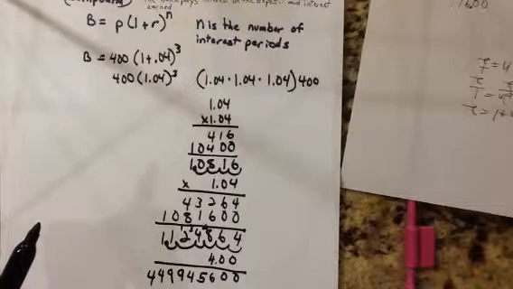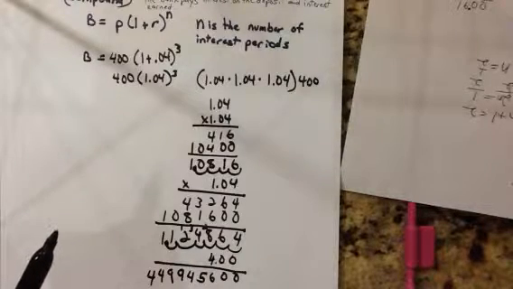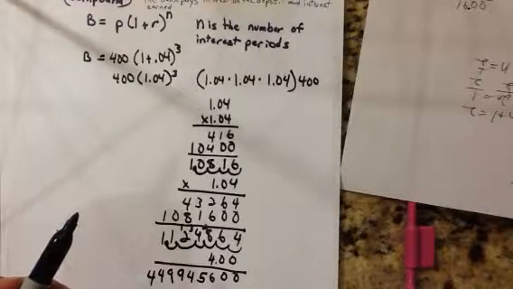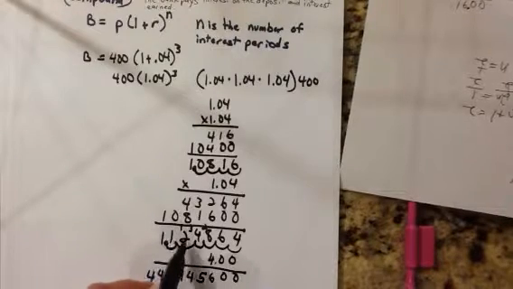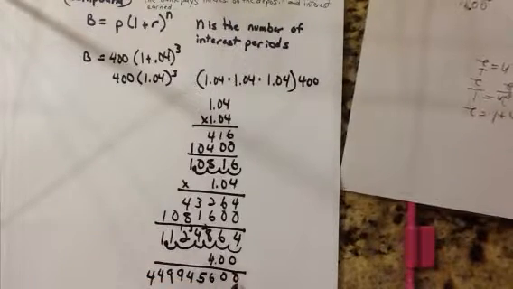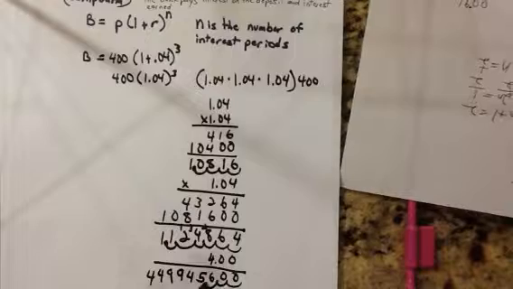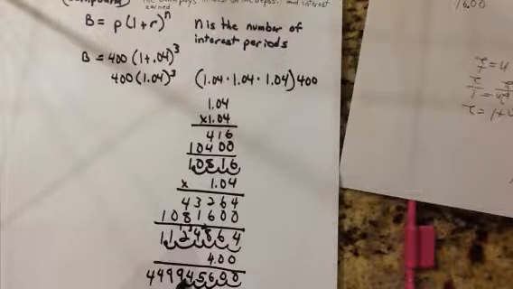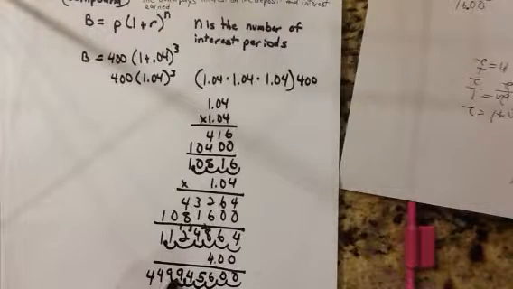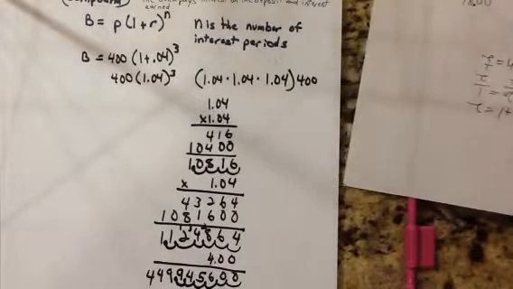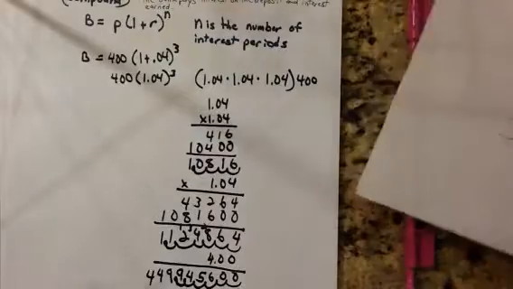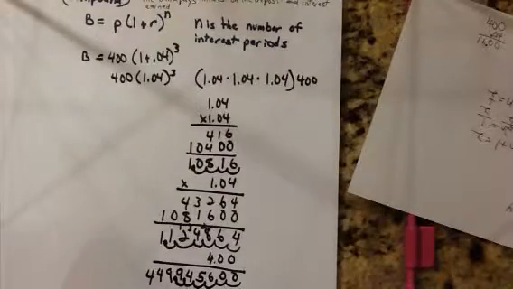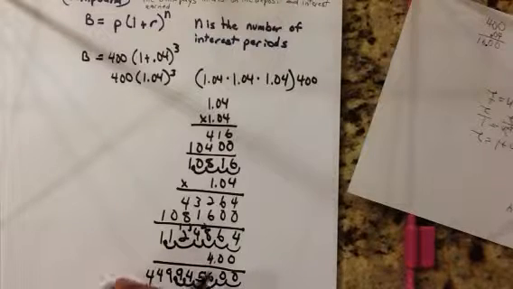And what did we have? We have 6 behind the decimal.